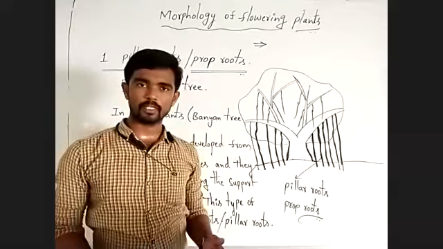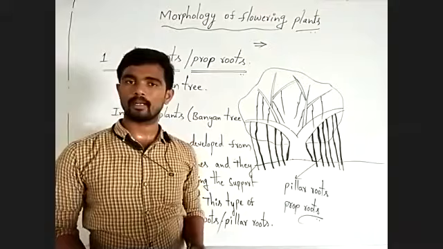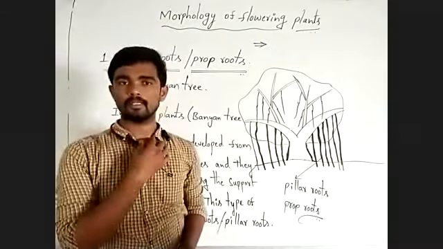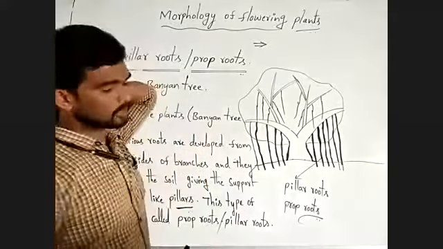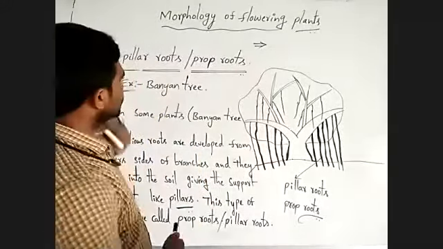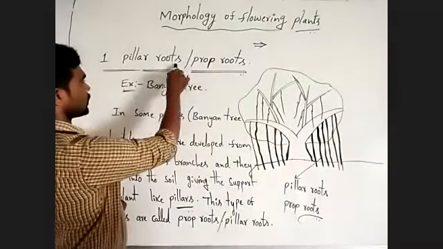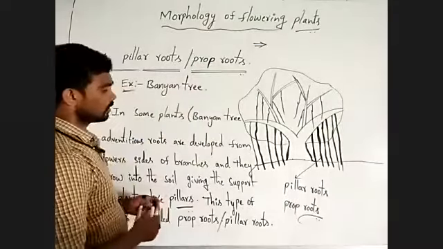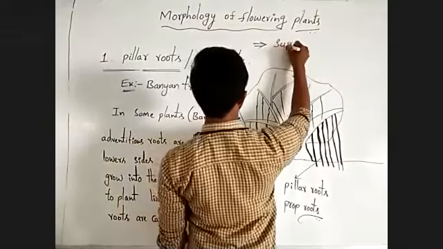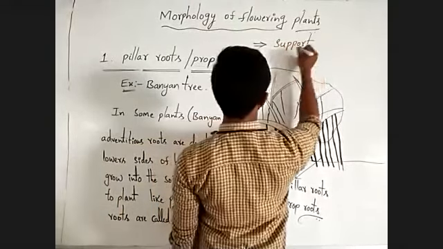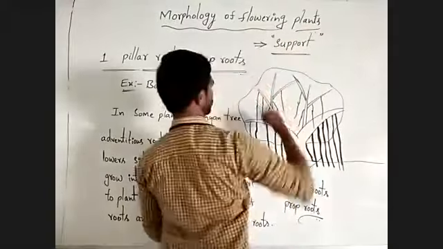Main function of root is absorption of water from the soil and translocation of water. But here, what is the main function of pillar roots or prop roots? Support is the main function of the prop roots.